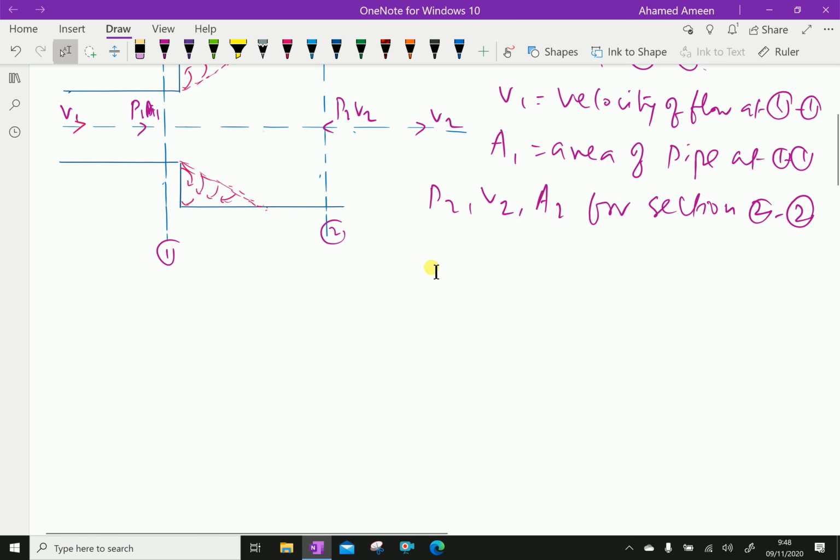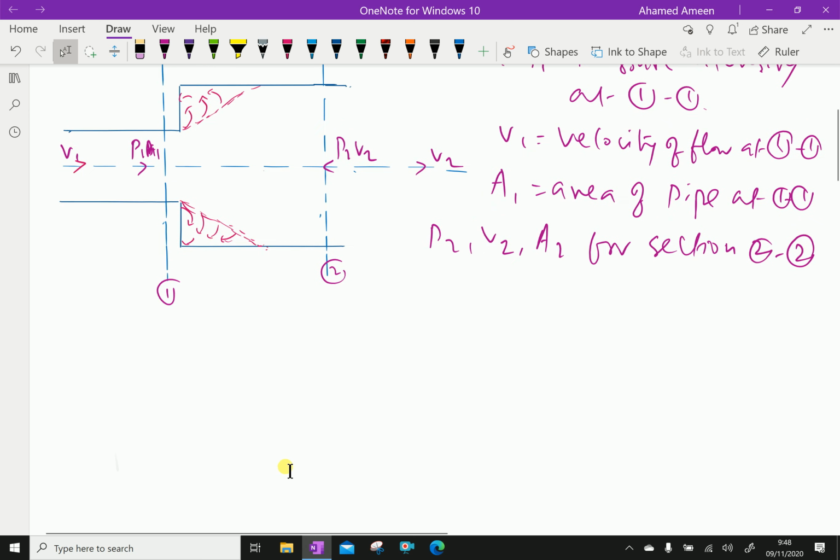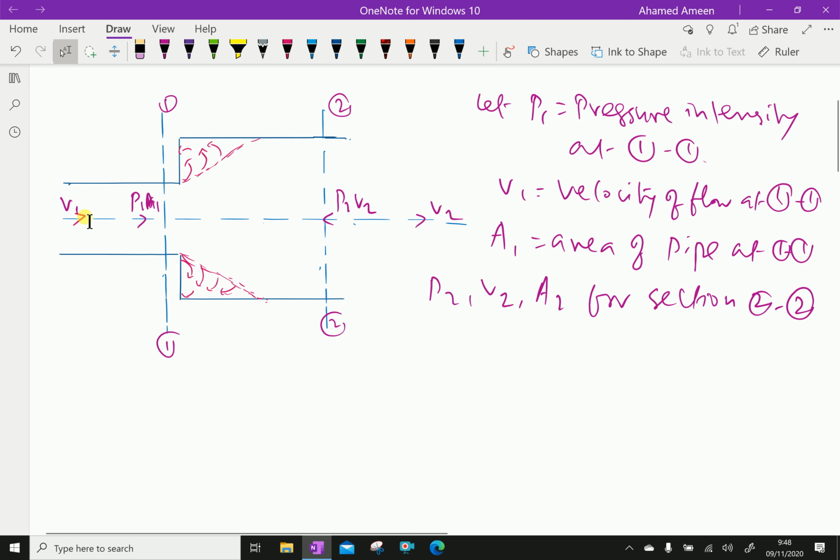Due to sudden enlargement of the diameter of the pipe from D1 to D2, the liquid flowing from the smaller pipe is not able to follow the abrupt change of boundary.